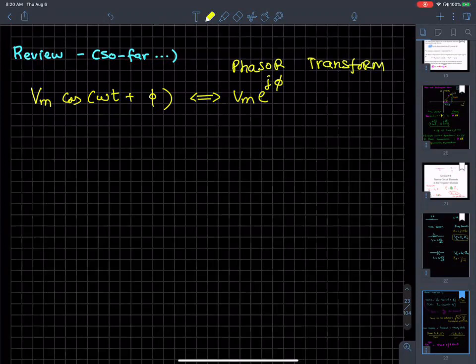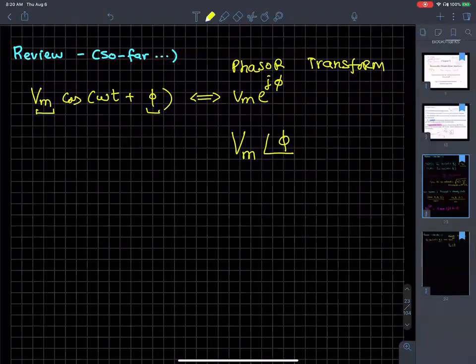In other words, all I'm doing is looking at the amplitude and the phase angle. When you collect the amplitude and the phase, that representation is called the phasor transform of the cosine wave.